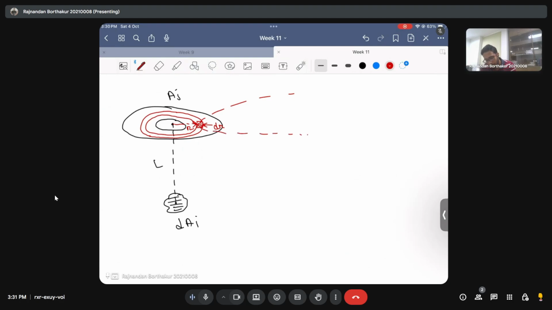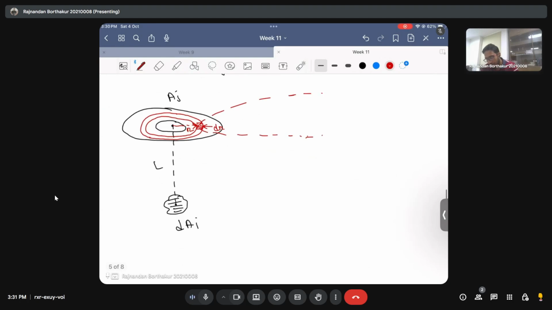is precisely this area. So if I zoom in this picture, you will see an elemental area DAJ, and this particular differential area DAI, and precisely R, and precisely as I said, R is the line joining the center of this DAJ to this DAI.